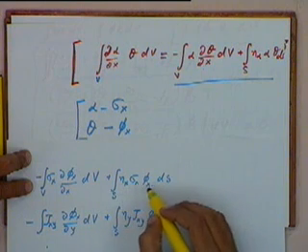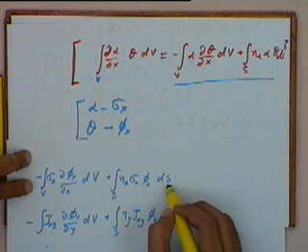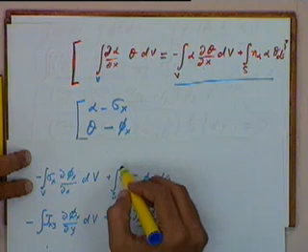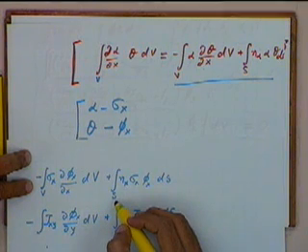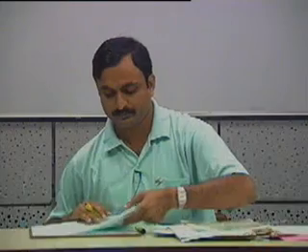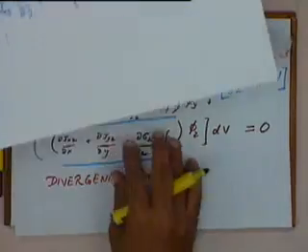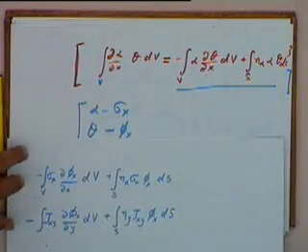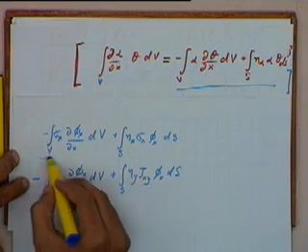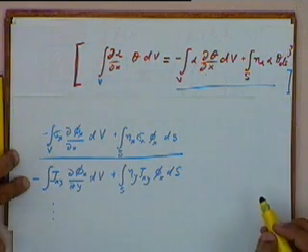So, nx sigma x phi x ds, the surface integral of that. So the first term in the expression can be simplified to this expression.